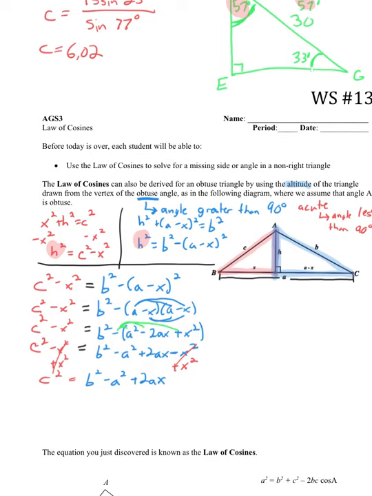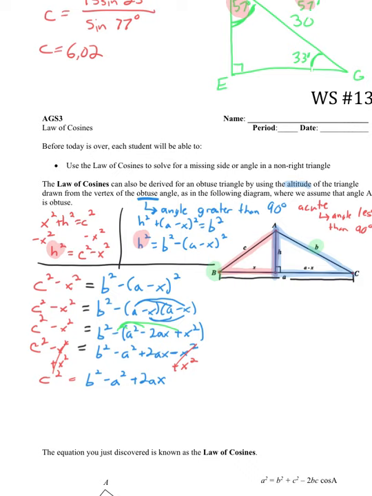All right. So what happens now, I have this side length here, c squared equals b squared minus a squared plus 2ax. And let's say we want to find side length b specifically. So we're going to focus on angle B and side length b here.